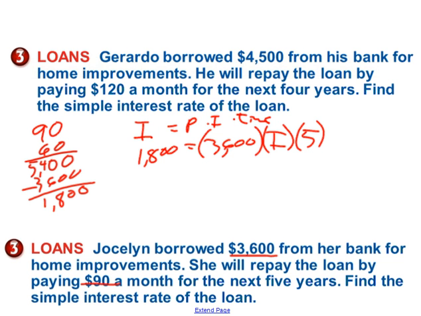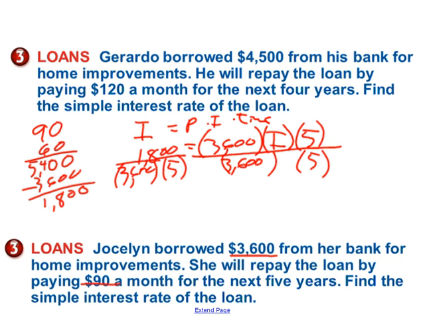So again, I'm going to divide both sides by 3,600 and by 5. I'm going to divide by two things, 3,600 and 5 years. These, of course, cancel out, leaving just the interest rate. So I've got 1,800 divided by 3,600.